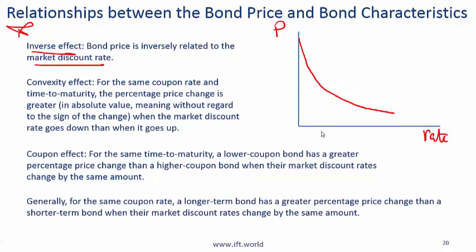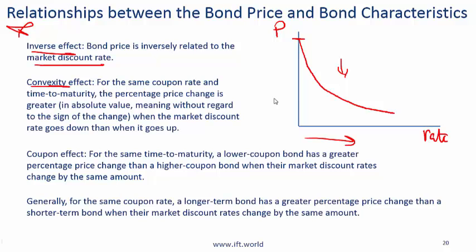As the rate goes up, the price of the bond comes down. This point here will simply be the undiscounted cash flows associated with the bond. And then after that, as rate goes up, then obviously the price of the bond will come down. This is the inverse effect, because as rate goes up, the price comes down.